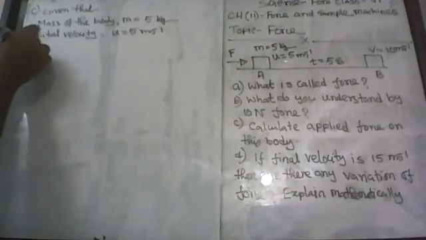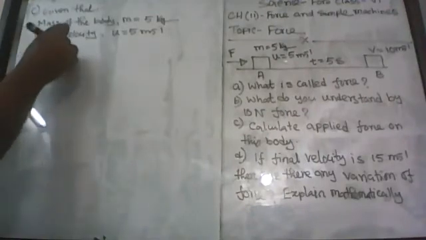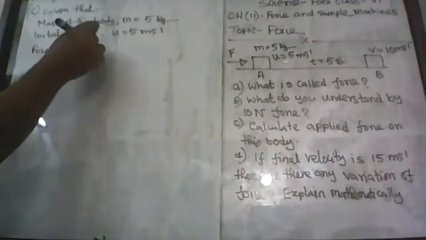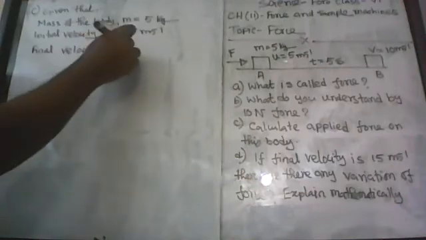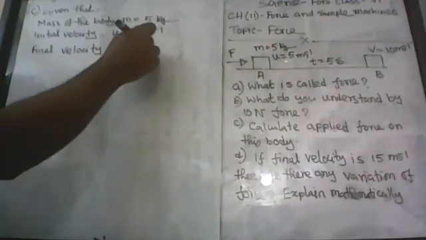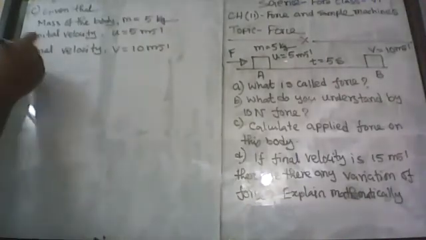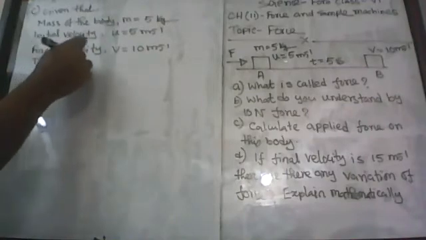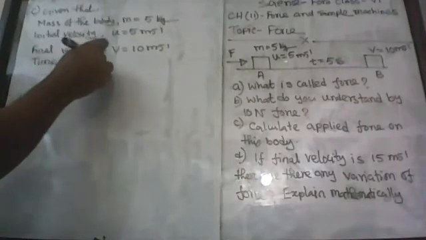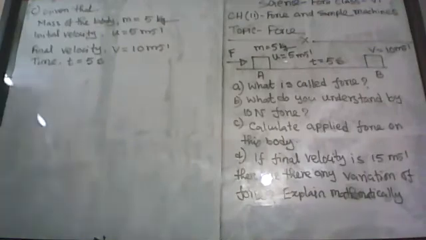Final velocity V will equal to 10 meter per second. And time t will equal to 5-second time.